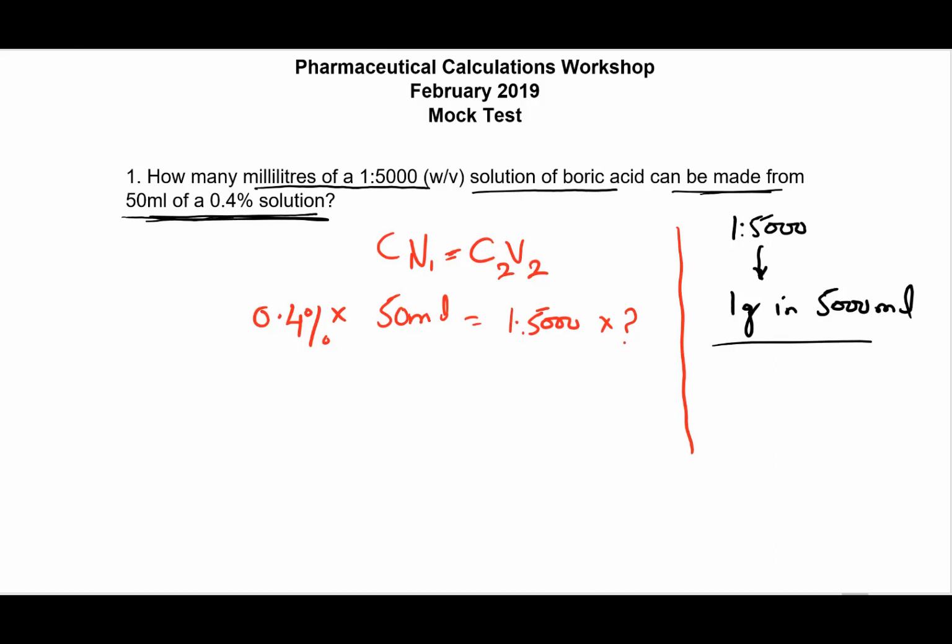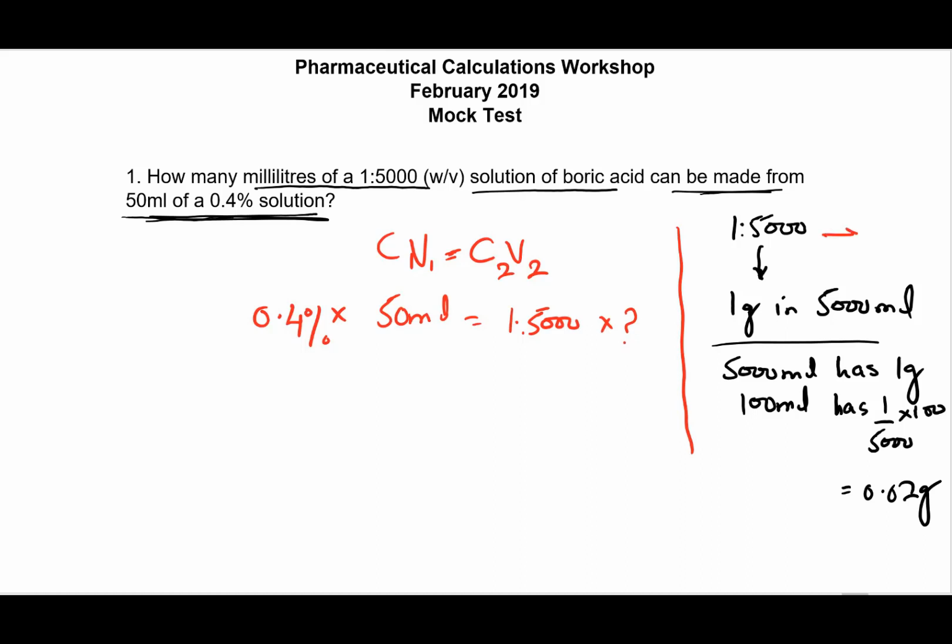So if 5,000 mils has 1 gram, 100 mil will have 0.02 grams. So that means 1 in 5,000 is equal to 0.02%.